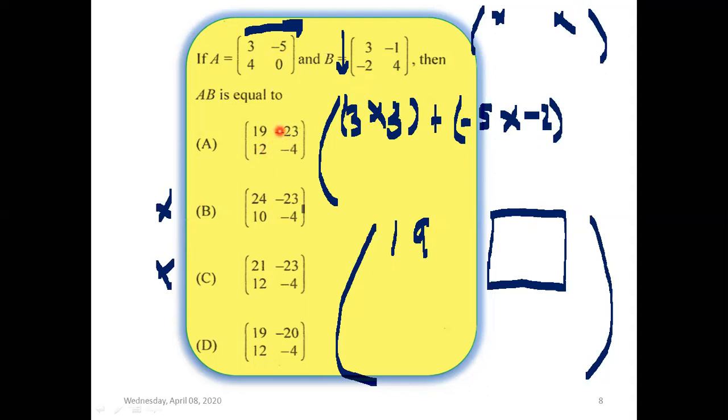So it's either A or B. You don't have to work out all of them. No, that other one wouldn't work because both of them are 12. So the best one to try is the top right one. All right, so somebody work on that for me.